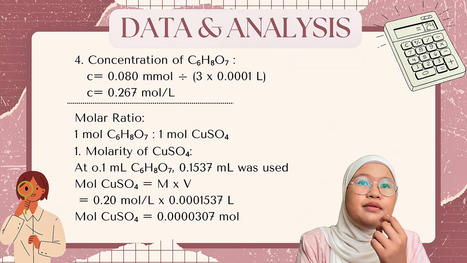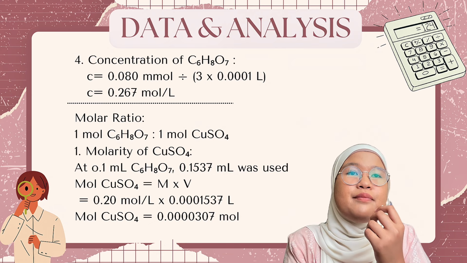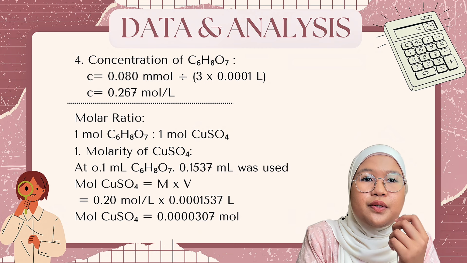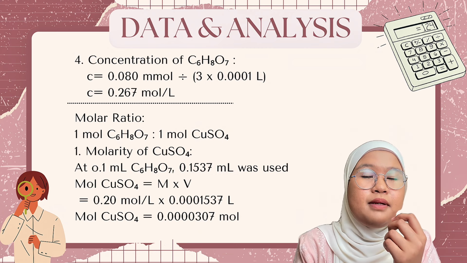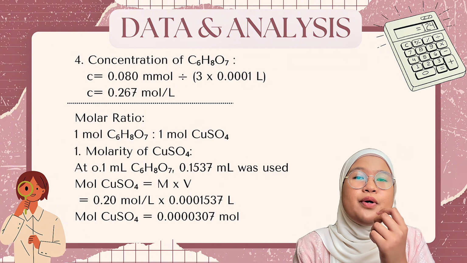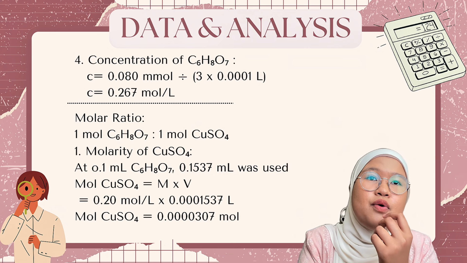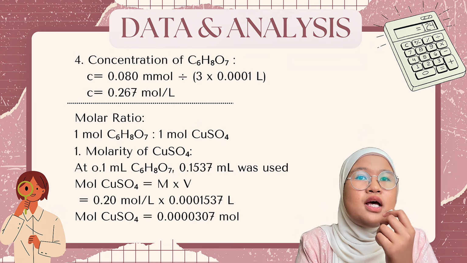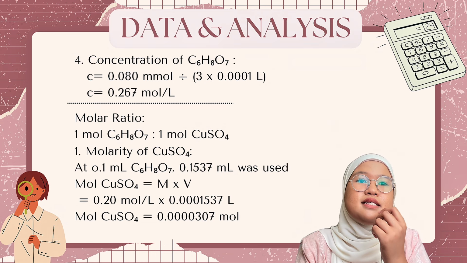At 0.1 ml citric acid, 0.1537 ml was used. So, at this point, we can find the mole of CuSO4 by multiplying M times V, which is 0.20 mol per L times 0.0001537 liter. So we get the mole of CuSO4 as shown in the slide.